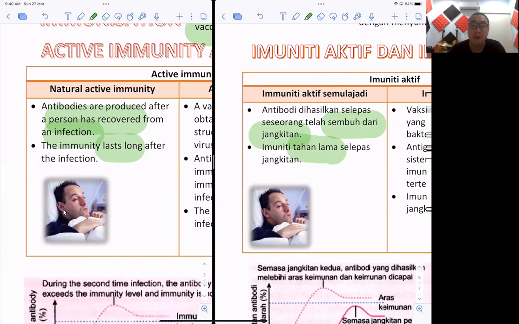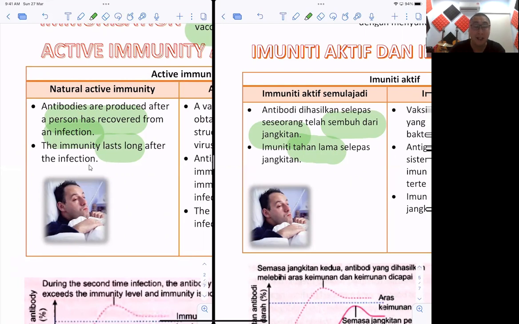Okay, can? And for those who didn't, how? So you either got two ways. One is you have to be infected by this, go through the difficult process of suffering and hopefully recover. And then you will get this immunity.